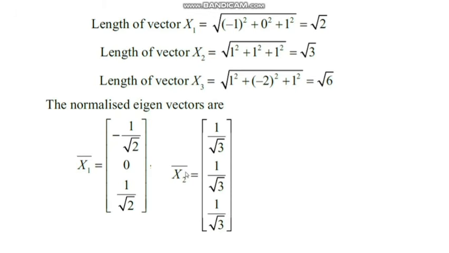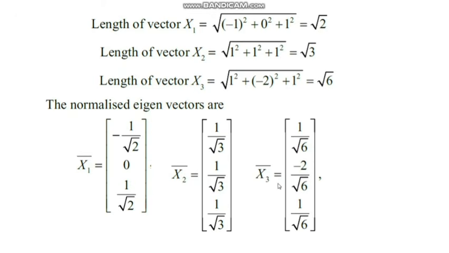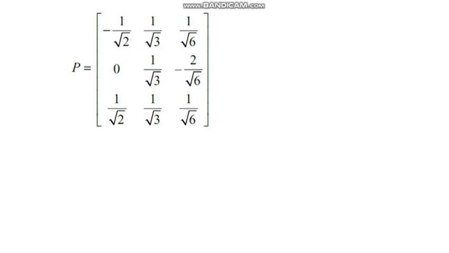Similarly, the second eigenvector has elements 1, 1, 1, and its length is root 3, so every element is divided by its own length, which gives the second normalized eigenvector. Similarly, the third normalized eigenvector is 1 by root 6, -2 by root 6, 1 by root 6 respectively. Therefore, this is a normalized model matrix, and it is obtained from the normalized eigenvectors of the matrix A.